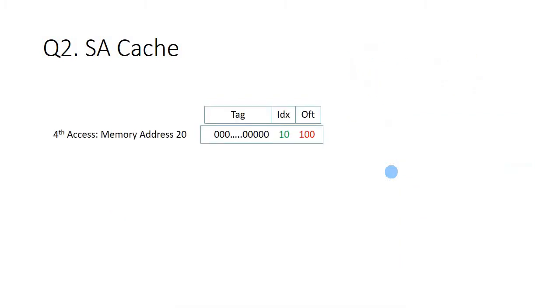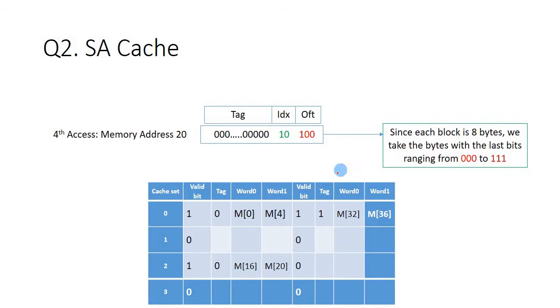Now let's look at the fourth access. The fourth access is memory address 20, and what do you see? This memory address 20 was already fetched when I was fetching memory address 16. So it's a hit, but this has nothing to do with set associativity. This is because I have two words per cache access. This is your spatial locality.